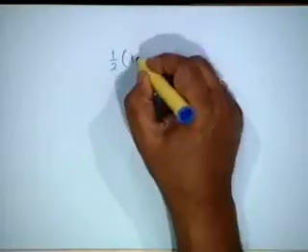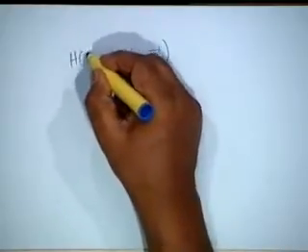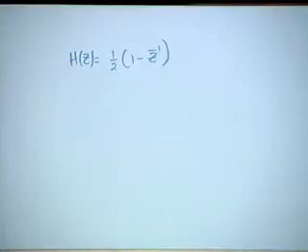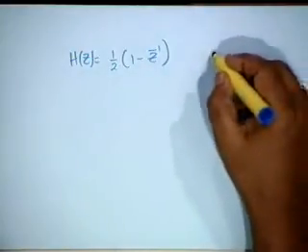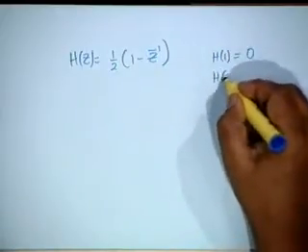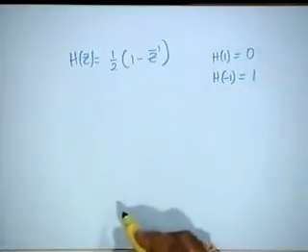Now, if I change the sign, half of 1 minus z inverse, without going through any Fourier transform, you can tell me what this filter is. High pass, because h of 1 is 0 and h of minus 1 is equal to 1. So, it is a high pass filter.